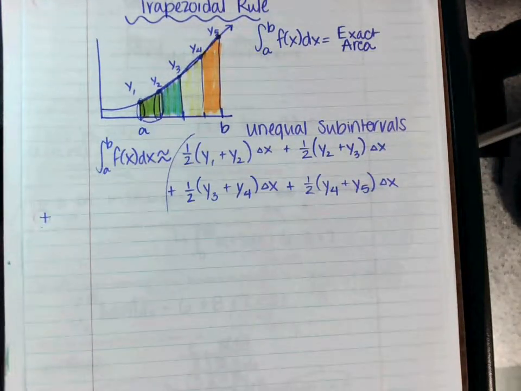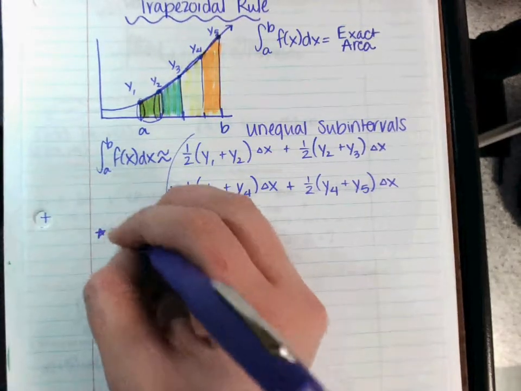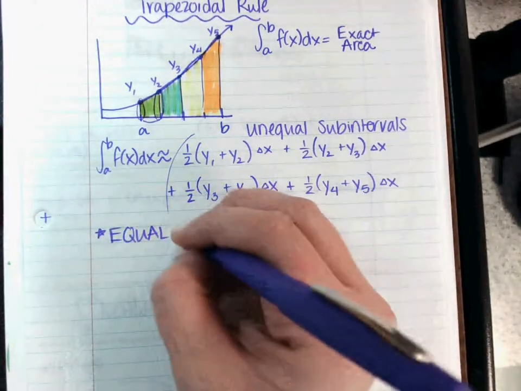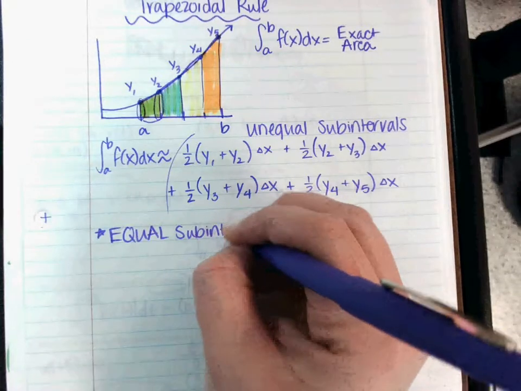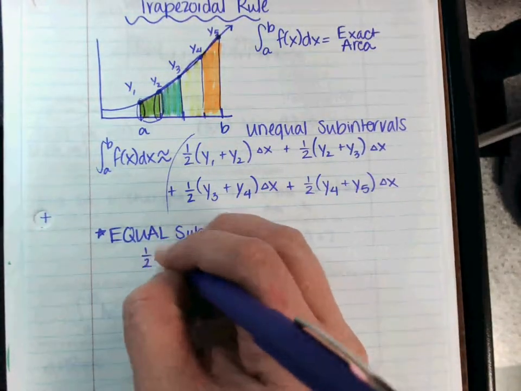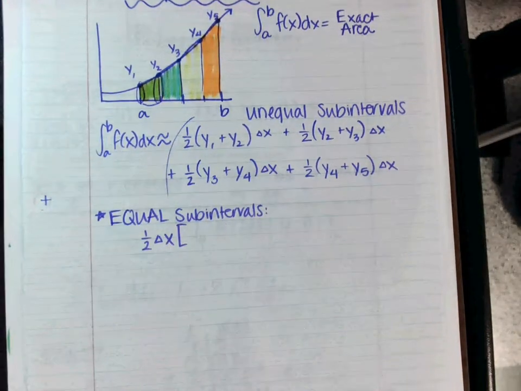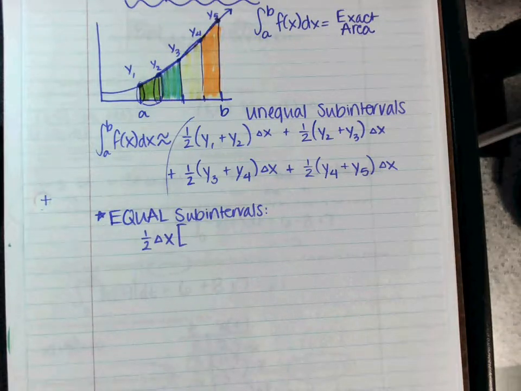Okay, but if you have equal subintervals, there's not only a delta x you can pull out, what else can you pull out? What do they also all have? A 1/2. So if you have equal subintervals, not only can you take out the 1/2, but you can also take out the delta x.